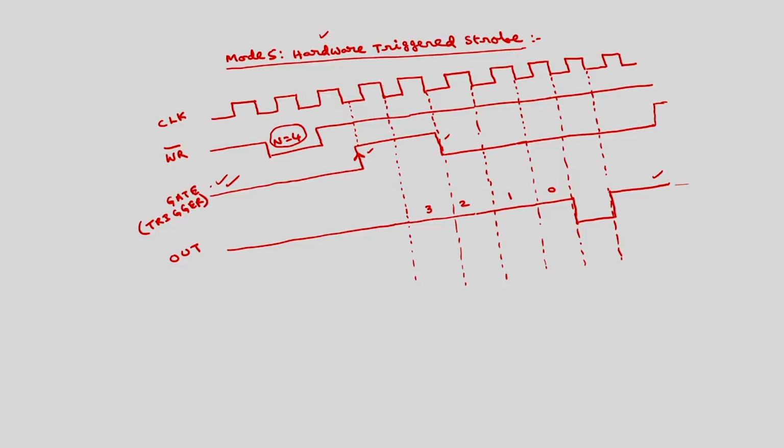Okay. So this strobe signal will be useful whenever you want to connect a slow peripheral with microprocessor. So this strobe signal will act as a handshaking signal.